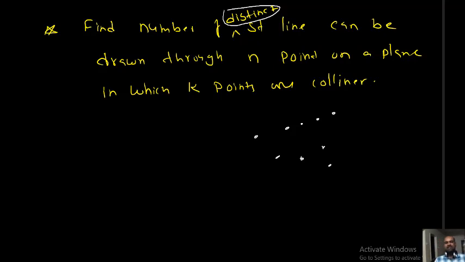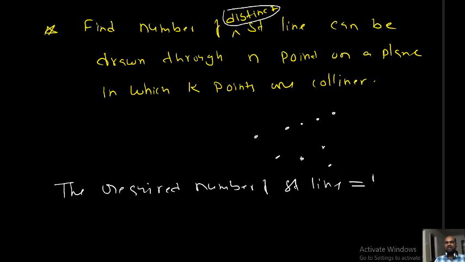First of all, the required number of straight lines: I can say nC2, but these are not all different. If you join these 2 points, you get one straight line, next another straight line. That straight line is the same as the straight line passing through these 2 points. That's why the nC2 lines are not distinct.